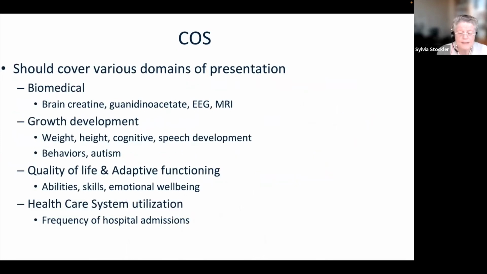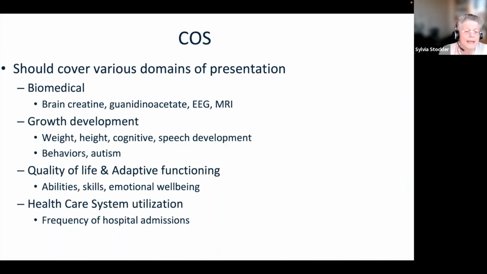The other thing we need to know is that the core outcome sets we're going to develop need to cover various domains of symptom presentations. There are some domains that we can distinguish in most rare diseases.